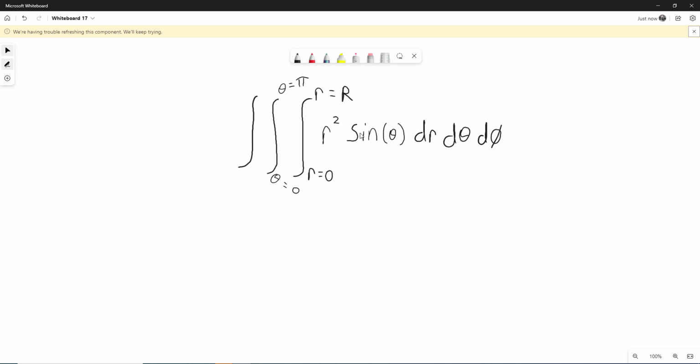And now I'm going to say phi is going from 0 to phi equals 2 pi. And I probably could have given us a little bit more room, but I think this is all making sense.